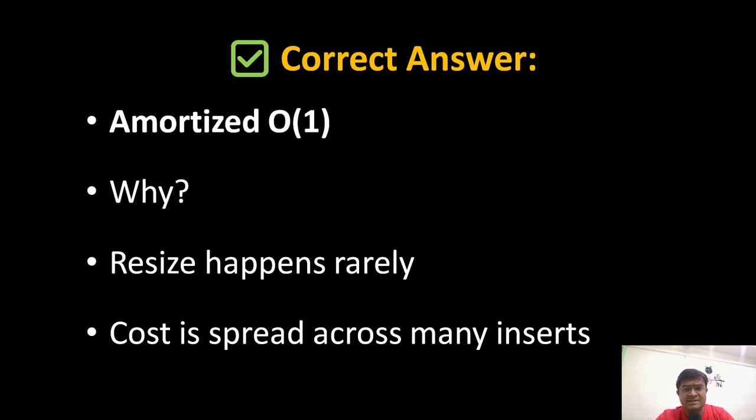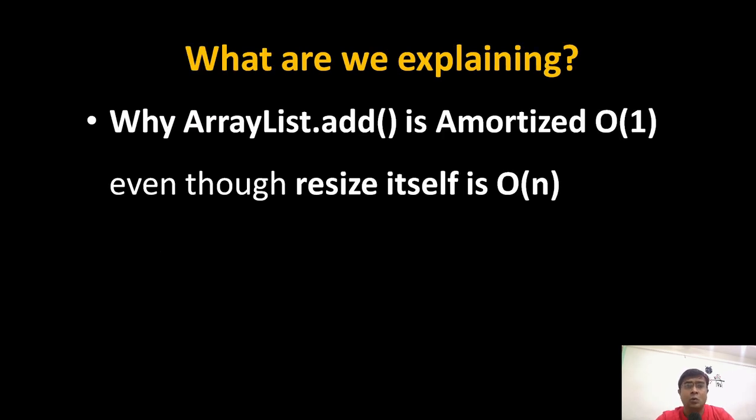If you find this difficult, we'll make it easy. We are trying to explain why ArrayList add is amortized O(1), even though the resize itself is O(n).